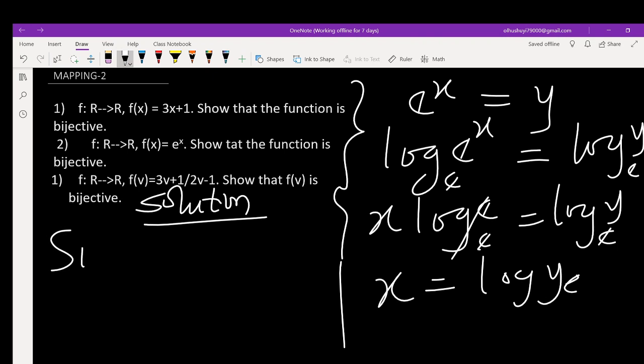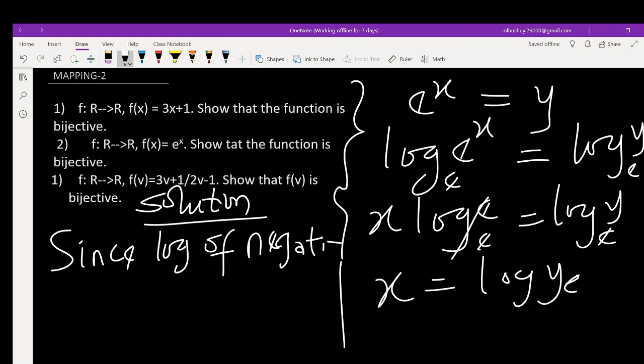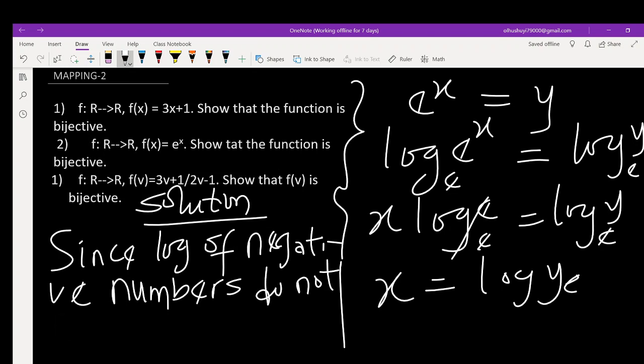Since log of negative numbers do not exist, these numbers, log of negative values, do not exist.